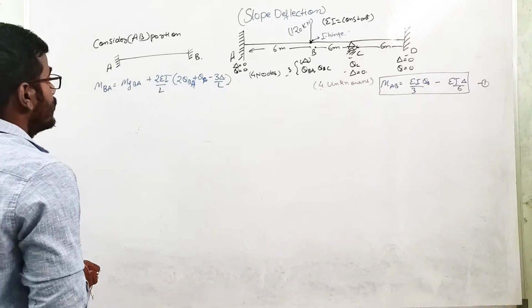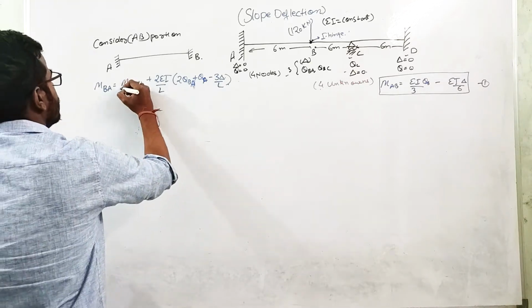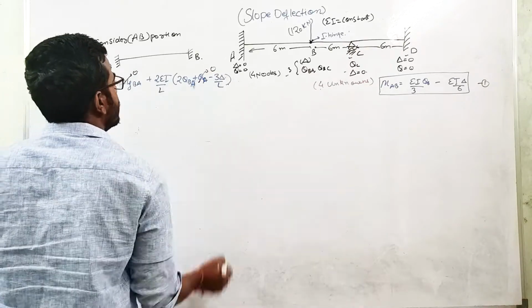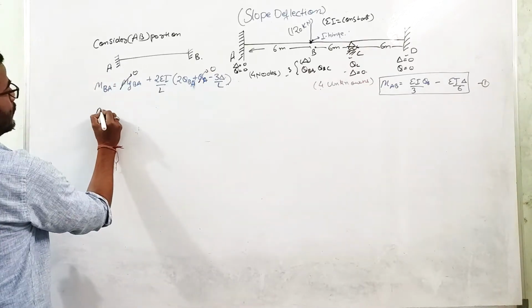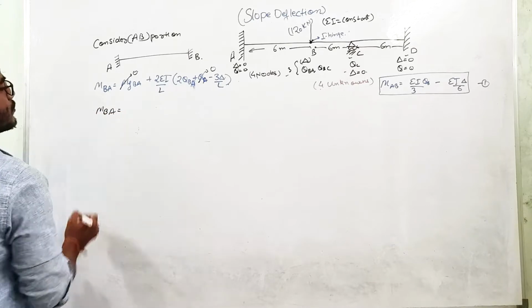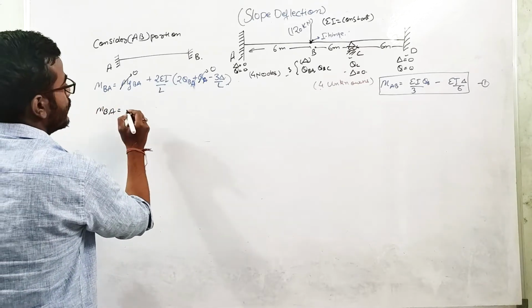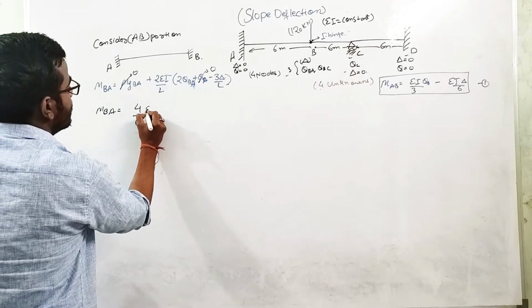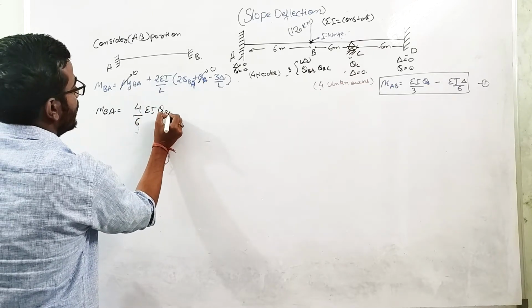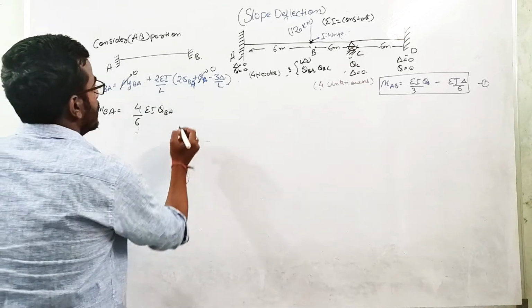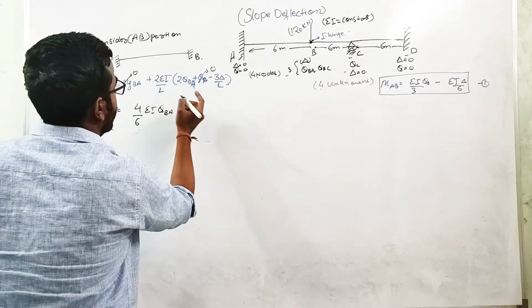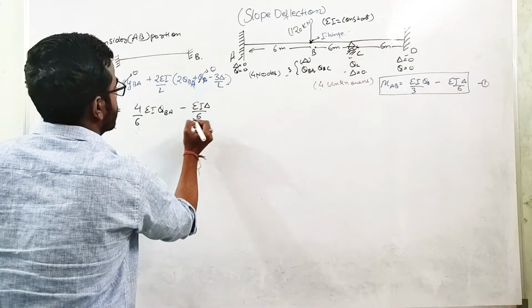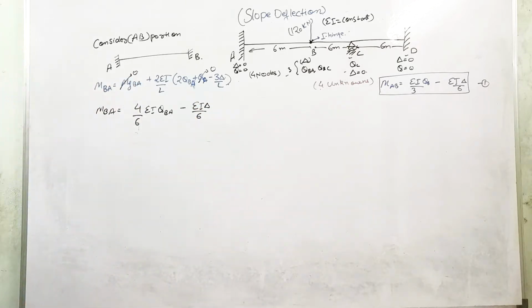Okay, so now if we put the value over here, this point is again 0. Okay, this displacement, this theta is again 0. So MBA, L is equal to 6. So this is nothing but 4 by 6 EI theta BA, minus again EI delta by 6. Okay, delta will be same, right?